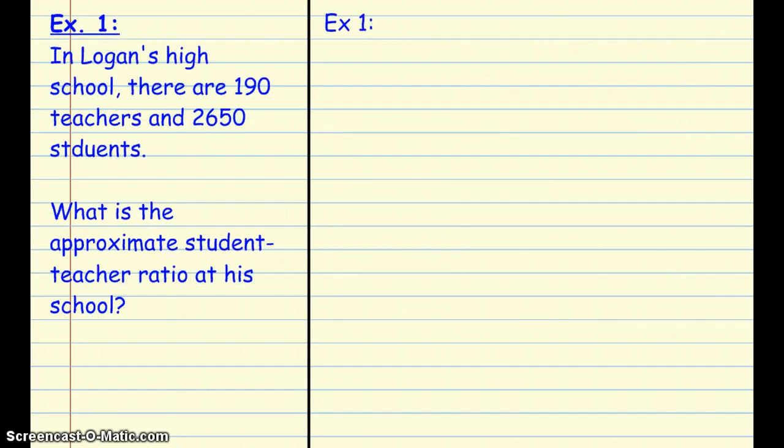First example: in Logan's High School, there are 190 teachers and 2,650, oops, there's a typo there, students. What is the approximate student to teacher ratio at this school? So we're going to write a proportion that compares the students to the teachers. We know that we have 2,650 students and 190 teachers, and we want to figure out the approximate student to teacher ratio.